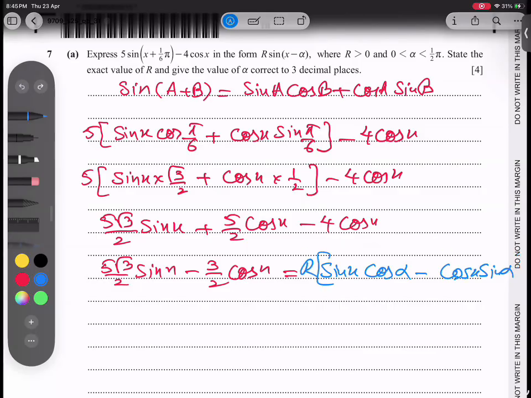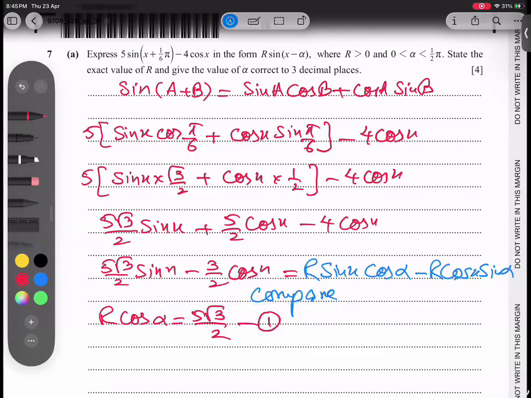So I'm writing r here, I'm writing r here, saving the time. Now I'm comparing both sides. So when I compare, this sine is the same. So r cos alpha, from here and this one, I will take r cos alpha equal to 5 root 3 divided by 2.